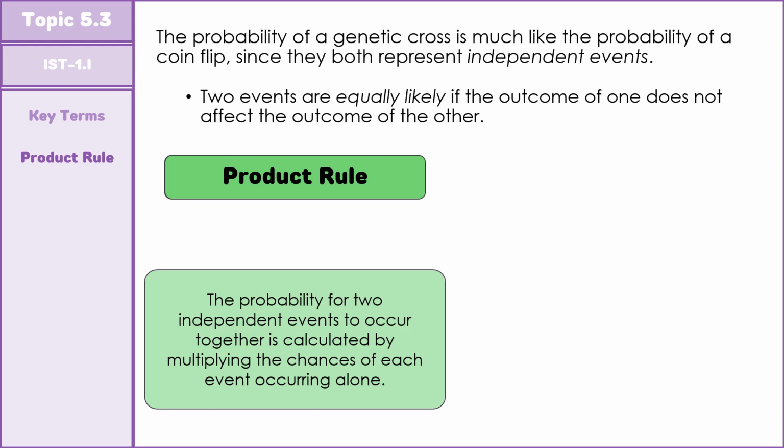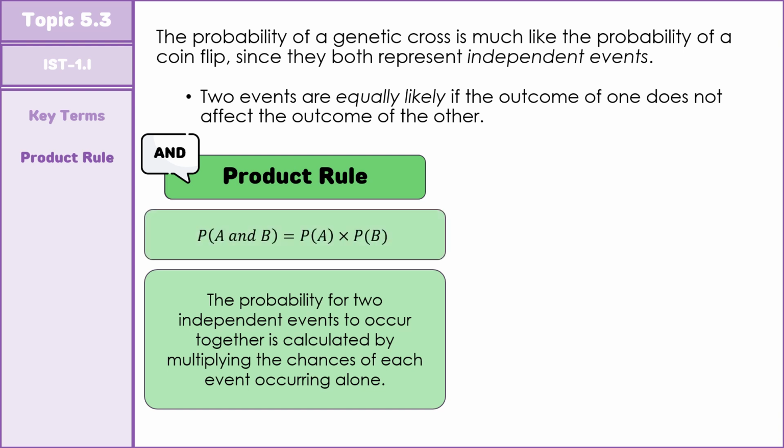So we call this the AND rule because we have both cases together. And this is echoed in the equation that we use for this, which states the probability of A and B occurring is equal to the probability of A times the probability of B.